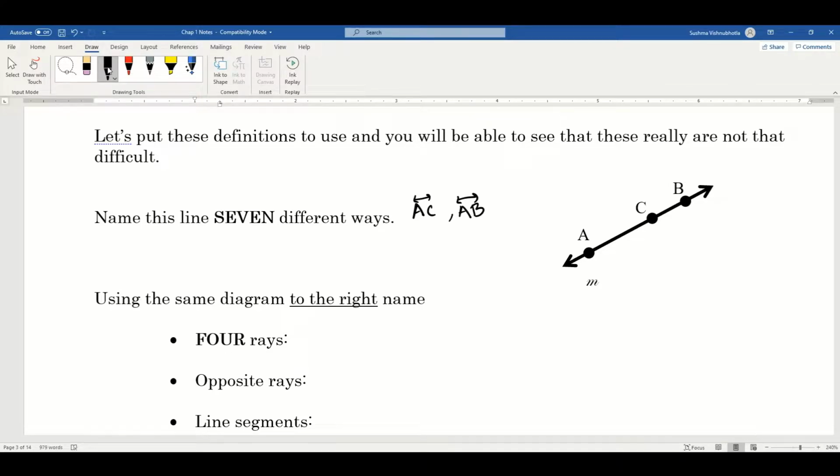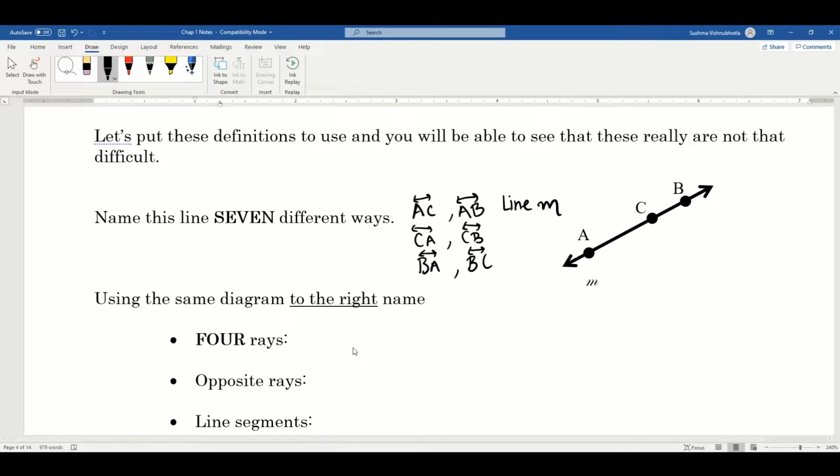Now moving on to point C, I can call this line CA, CB, and the same thing with point B. Or I can call this line M. So 1, 2, 3, 4, 5. That's 7 ways.